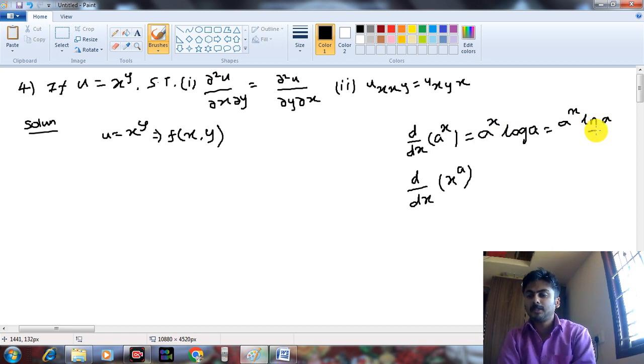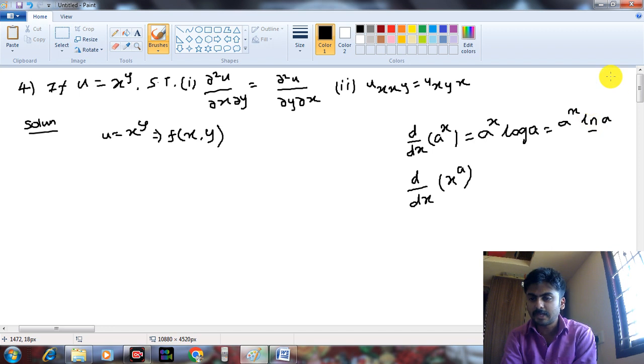In one of my previous videos I explained the difference between the natural log and the common log. The natural logarithm has base e and the common logarithm has base 10. That is a very important difference.